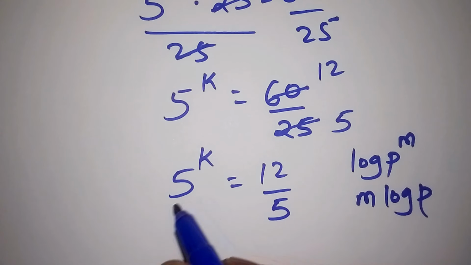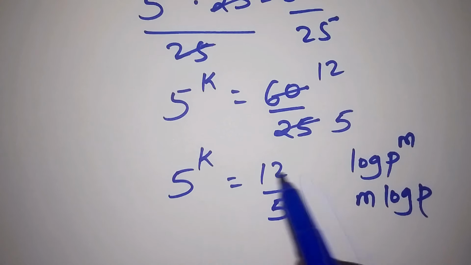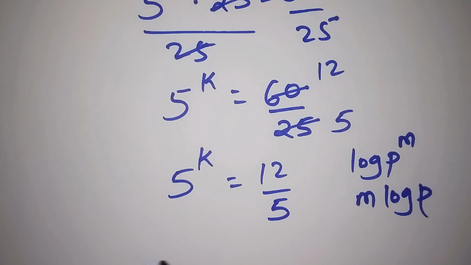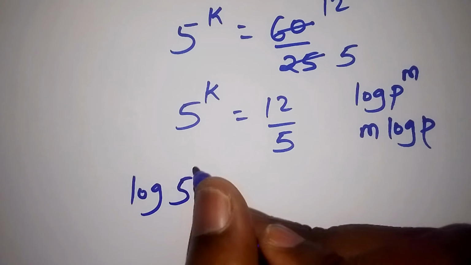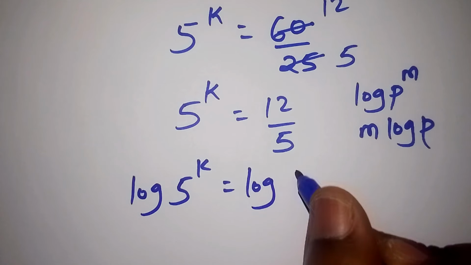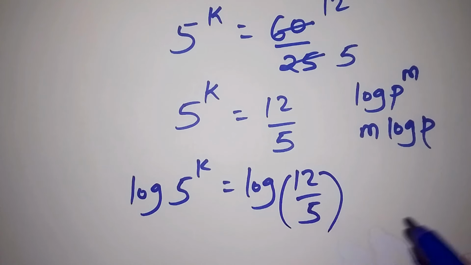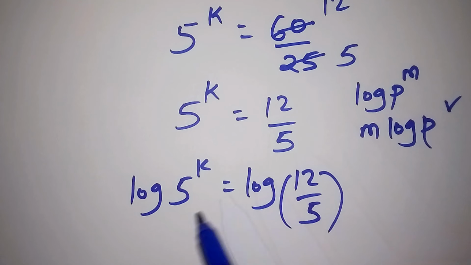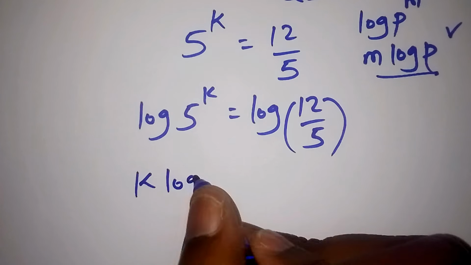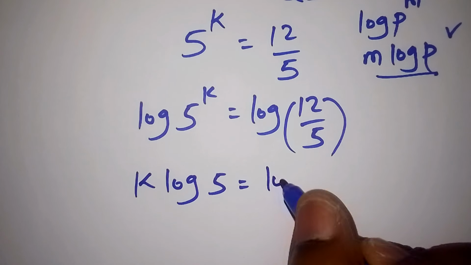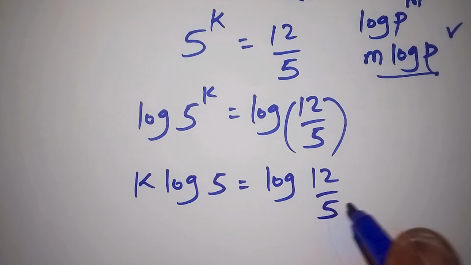So from here, with 5 to the power of k, we want to introduce the log on both sides. So we have the log of 5 to the power of k equal to the log of 12 over 5. Since the log of p to the power of m is m log p, we can write the log of 5 to the power of k as k log 5. So now we have k log 5 is equal to the log of 12 over 5.